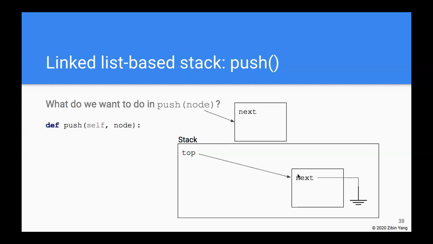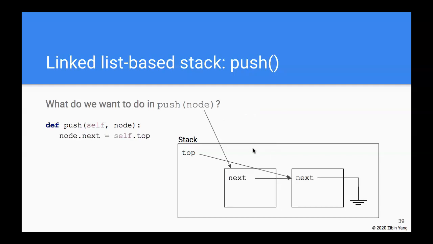code? Well, here is a line-by-line explanation of the implementation for push. The first thing we want to do is, given the new node, assign the old top, which is pointing to this node, to the new node's next.